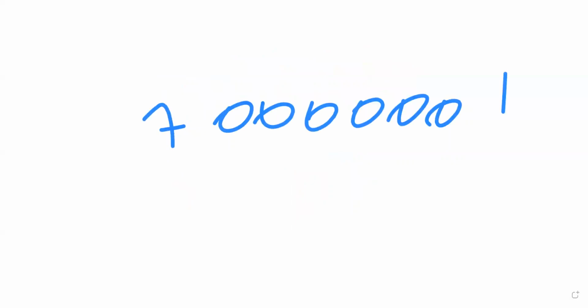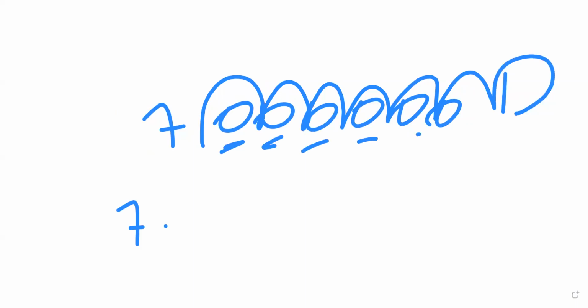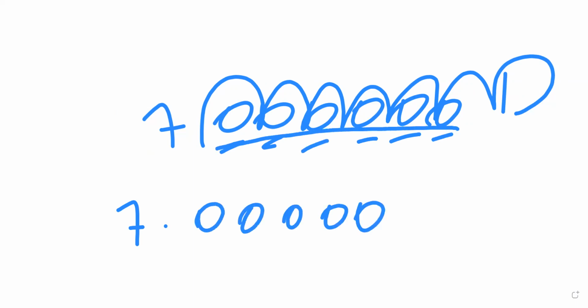Let's look at this one. 7000001. Let's convert this into standard form. So I would move 1, 2, 3, 4, 5, 6, 7. I would have 7 point. How many zeros do we have? 1, 2, 3, 4, 5, 6. So we must include these 6 zeros in our answer because all these zeros are between 2 non-zero numbers.